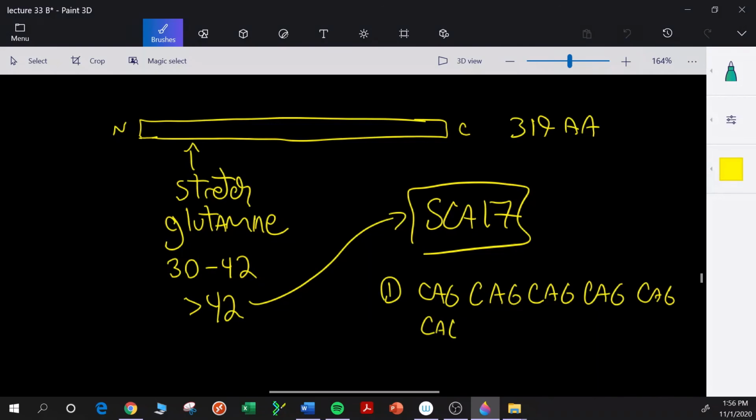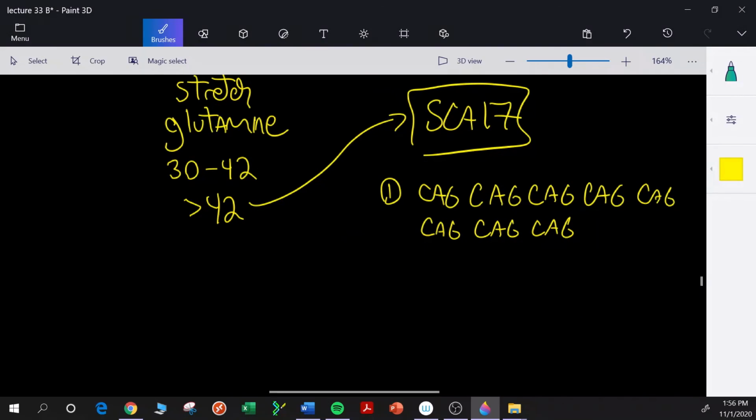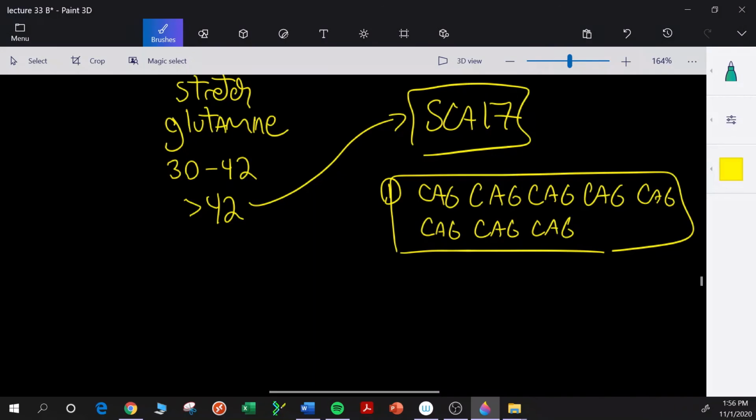We saw in the past how replication slippage during DNA replication can cause an expansion of repetitive DNA. So in this case, we have CAGs repeated, and replication slippage can lead to their expansion. If we get more than 42 of these codons, then that's an allele of the gene that encodes TBP that causes SCA17.